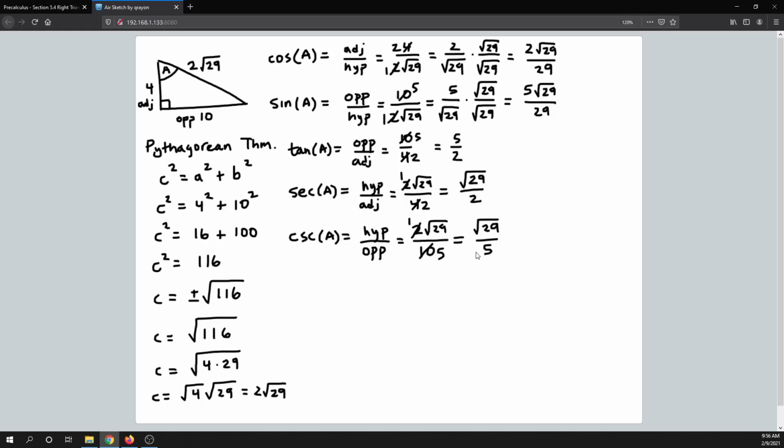And finally the cotangent. All right, the cotangent is going to be the adjacent over the opposite. So adjacent is 4 and the opposite is 10. And once again, the common factor of 2. 2 goes into 4 twice. It goes into 10 5 times. So that's going to come out to be 2/5. All right, and that is it for that one.